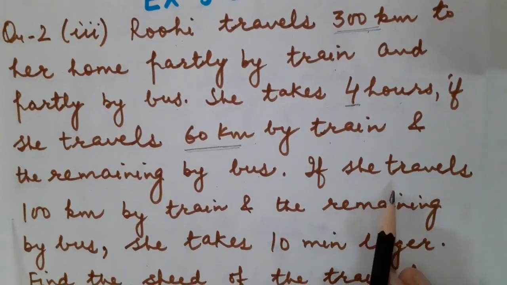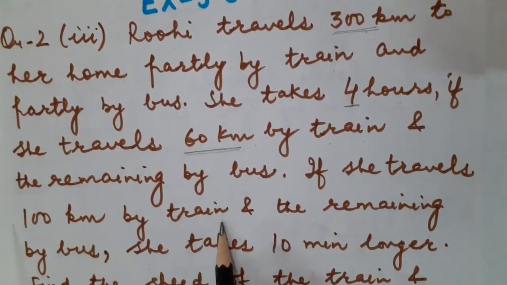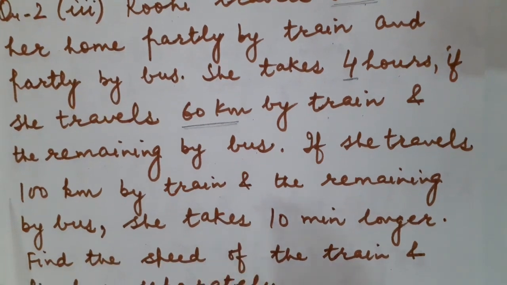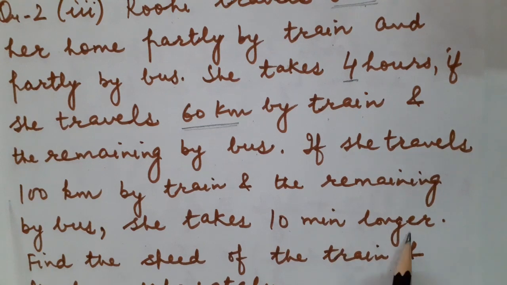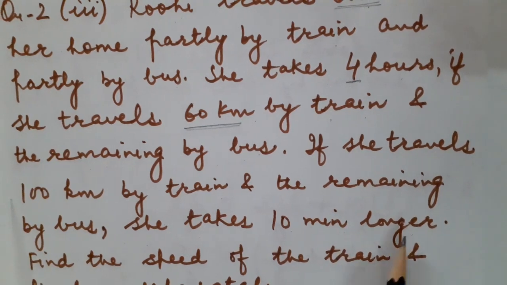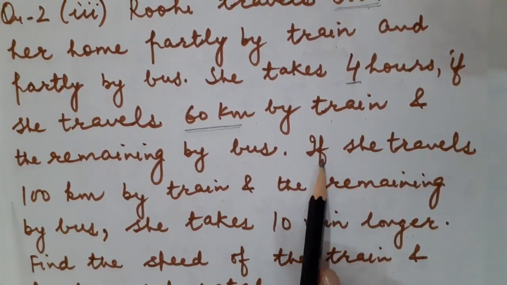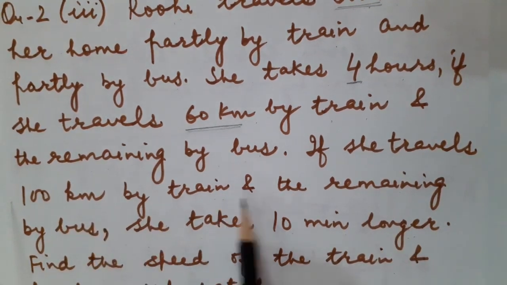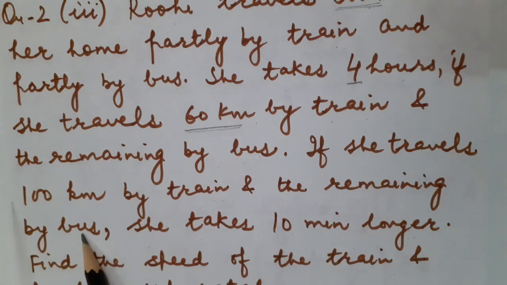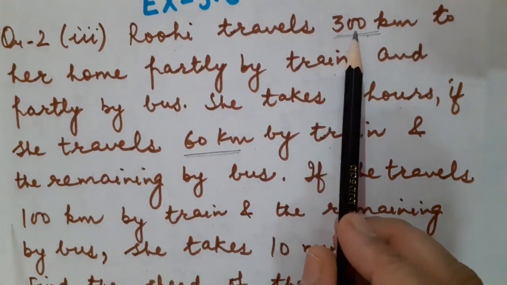If she travels 100 km by train and the remaining by bus, she takes 10 minutes longer. Means in case number 2, if the girl is going to cover 100 km by train and the remaining distance, definitely that would be 200 km, because the total distance is 300 km.